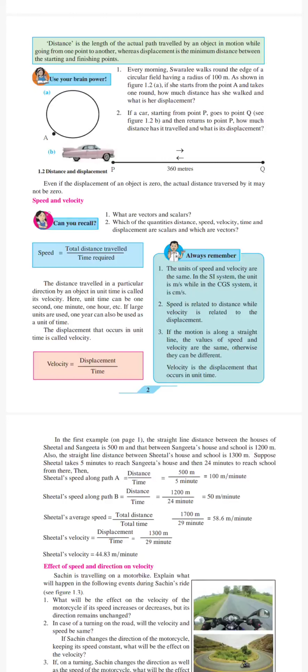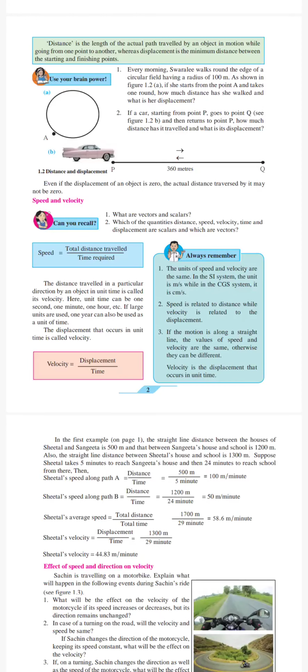They are telling displacement traveled in a particular direction, but in the distance case, you will observe, in the case of speed, that is distance upon time, they have given distance traveled in a particular direction by an object in unit time. Now what is unit time? It can be a minute, second, or hour. If a large unit is there, then it is 1 year, as in the case of satellites. A displacement that occurs in unit time is called velocity.